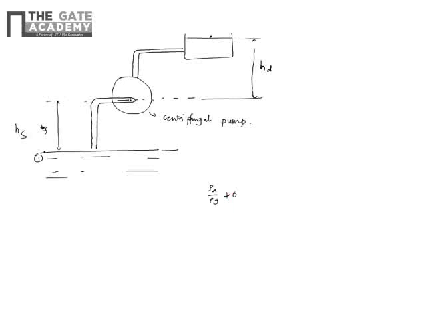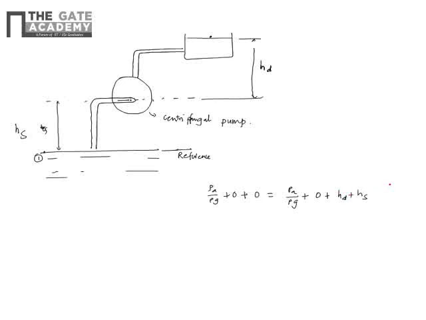So the head term, this is a reference, so I don't have a head term. Then at 2, the pressure is again atmospheric, since it's open to the tank, and the velocity is again 0 as it's a very large source. From the reference level, the height is HD plus HS.